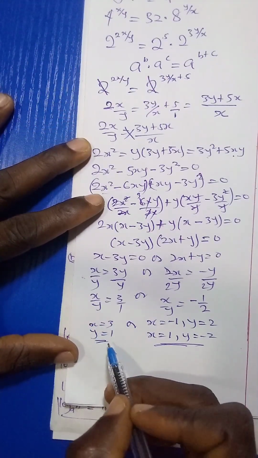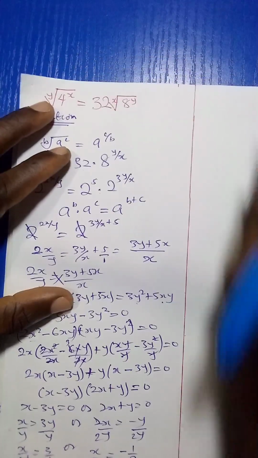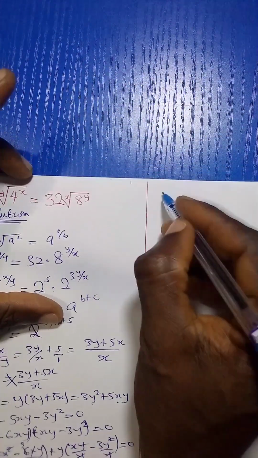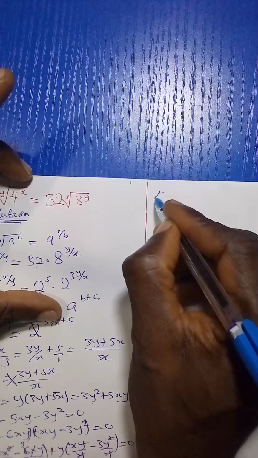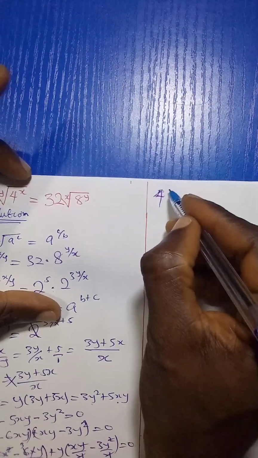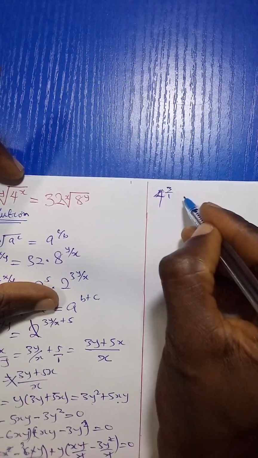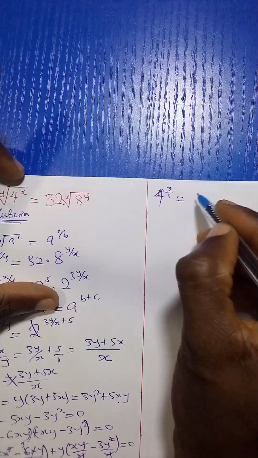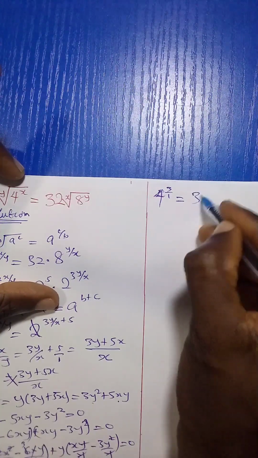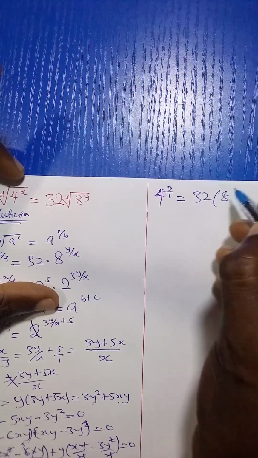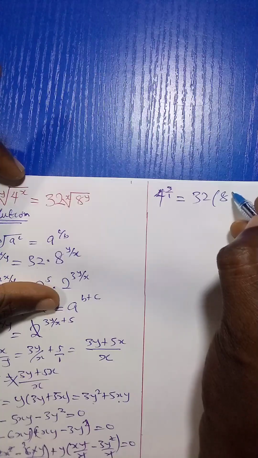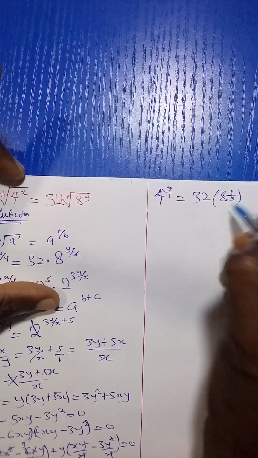Now, if we put in 3 for x and 1 for y, we are going to get a balanced equation. Let us try it here. So we have 4 to power x, x is 3, over 1, which is y, is equal to 32 times 8, and y is 1 and x is 3.